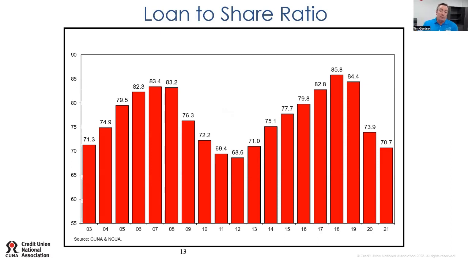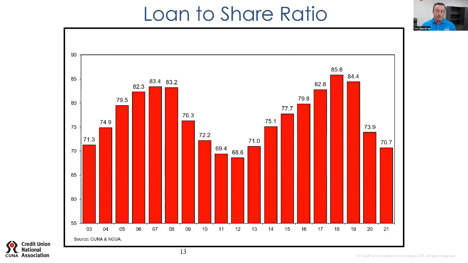Are there types of loans that we've stopped doing? And it doesn't even have to be types of loans. It could be dollar amounts. So maybe if our loan to share ratio has come down, maybe we've stopped portfolioing fixed rate mortgages or something like that. So think about the types of loans, and then also think about the types of deposits.